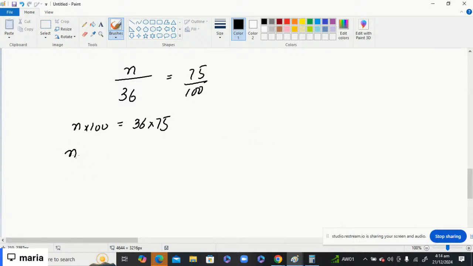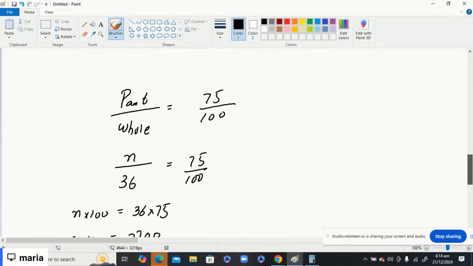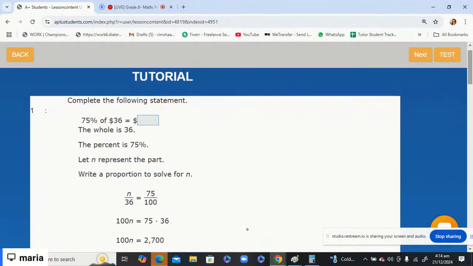So this is n times 100, that is equals to 2700. N is 2700 divided by 100. So this should be cancel out and your n is 27. Okay, this is the way that you are going to finding it out, and here is the formula, part over whole. Part is not given, whole is the total amount, and percentage is given. Now that's the reason we are going to choose this way.